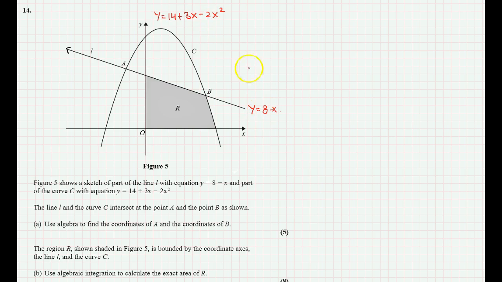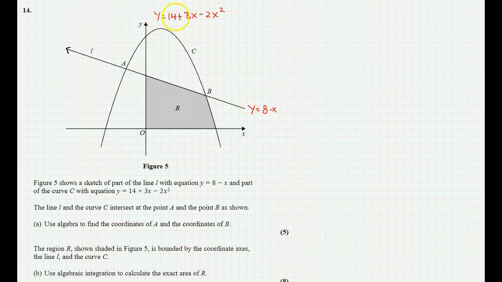Whenever we have two equations that intersect and you have to find the point of intersection, these are simultaneous equations, and we find the coordinates by solving the two equations.